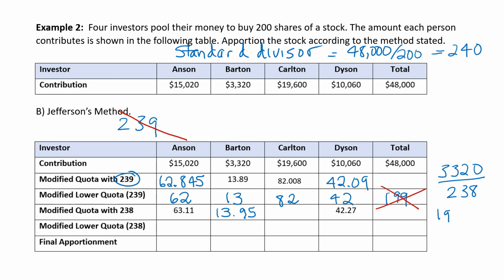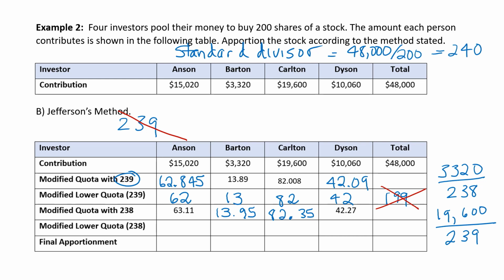He pitched in 19,600, a modified divisor of 238, and I got 82.35. You should check on your calculator right now. Do 15,020, divide that by 238, see if you get 63.11. Similarly for Dyson, 10,060, divide it by 238, and see if you get the 42.27.